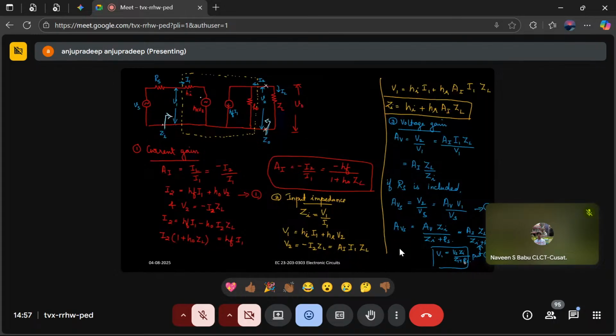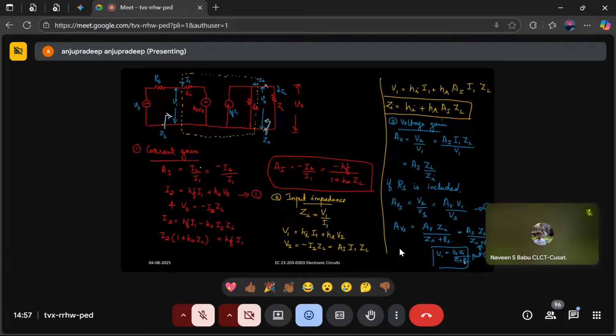impedance. Okay. So when you have to derive all the parameters, always start with current gain. That is the path you have to follow. First, that is why I put one here. First, you have to find current gain. So what is AI? AI means it is the current gain.